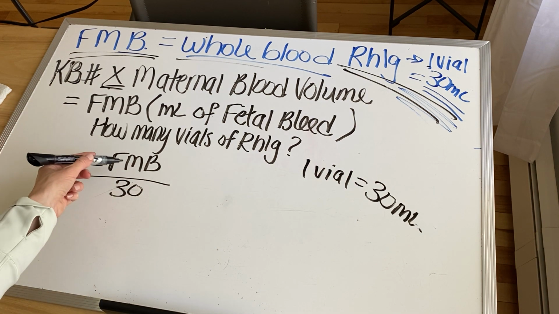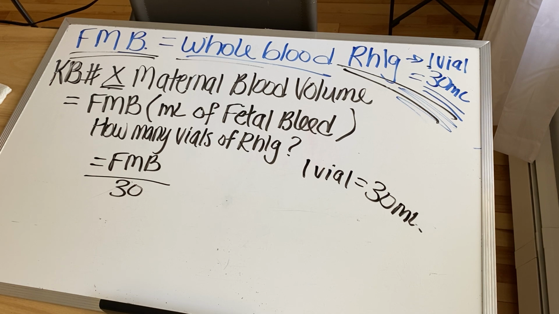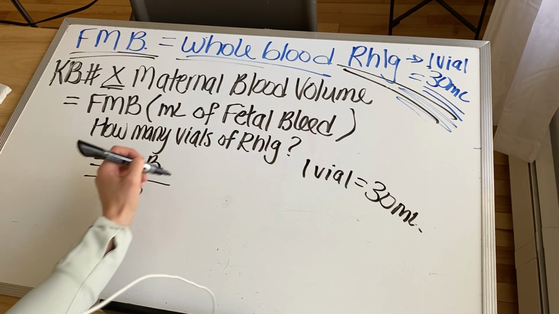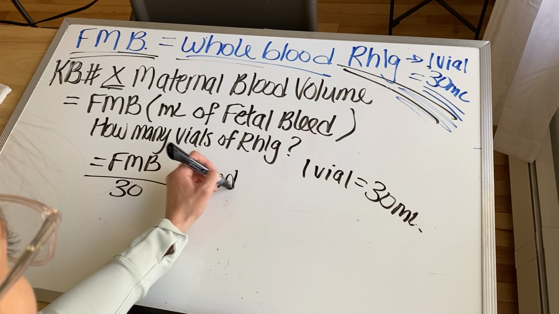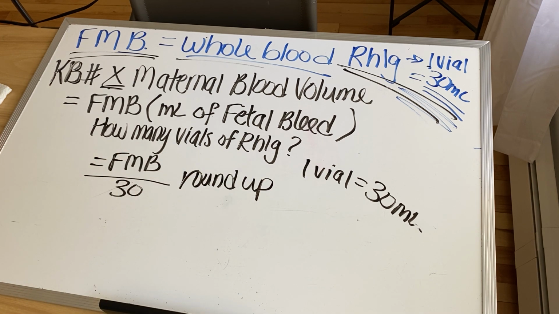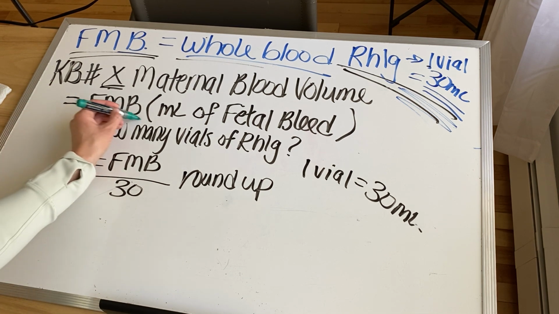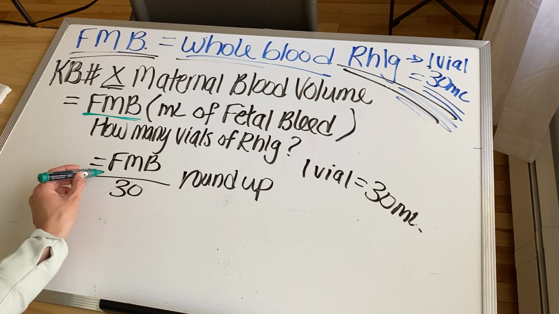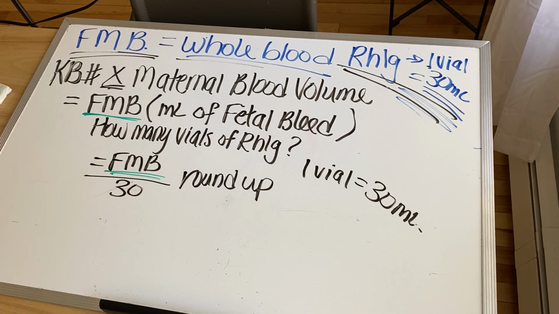So for whatever your volume is, you have to divide it by 30 and then round up. That's the calculation. Your KB number multiplied by your maternal blood volume will give you your fetal maternal bleed, and then you do your fetal maternal bleed divided by 30. It's actually very simple, but it's knowing when to use what.